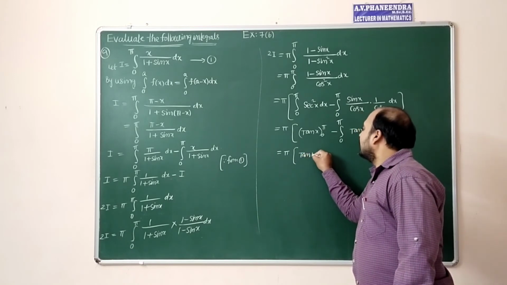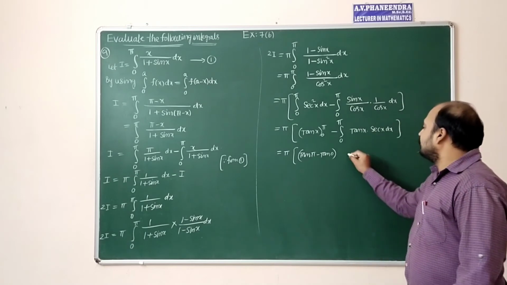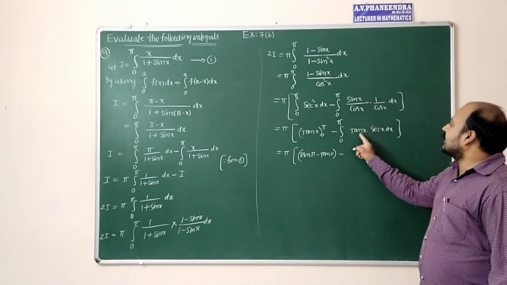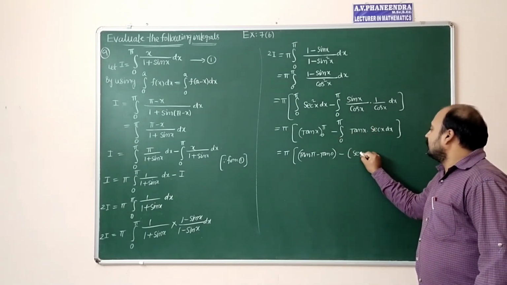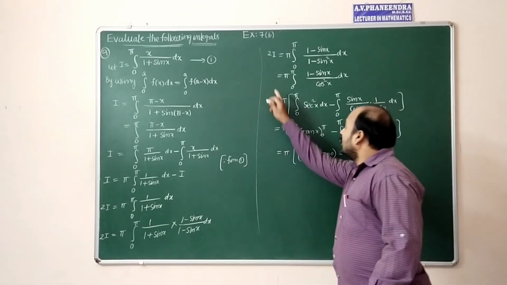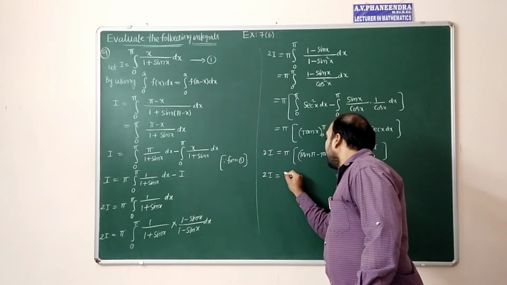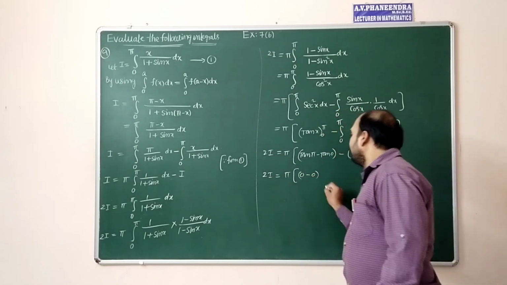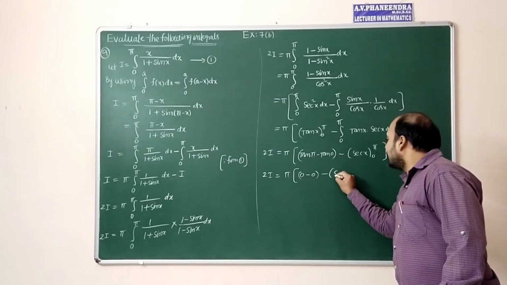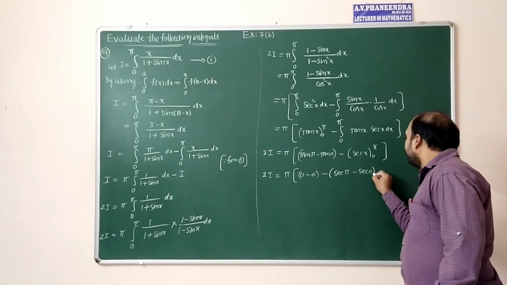Which is equal to pi into tan pi minus tan 0. Both terms are 0. In the next term, minus integral secant x tan x is secant x, applying the limits 0 to pi. So now 2I equal to pi into 0 minus 0 minus secant pi minus secant 0.